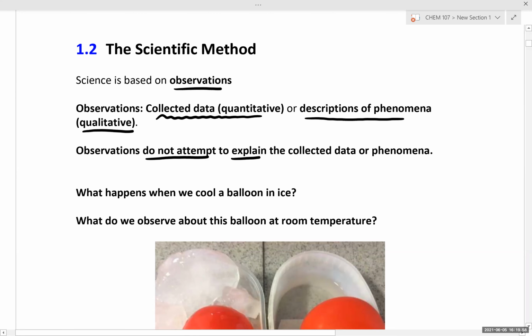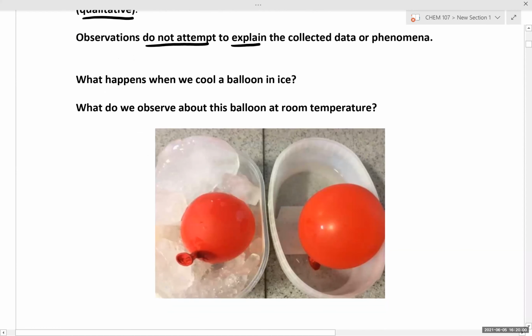An example of collecting what I would view as qualitative observations would be, for example, if we look at a balloon and what happens to the balloon if we take a balloon at room temperature and then we place it on ice. So we can list some observations and we can collect both quantitative and qualitative observations.